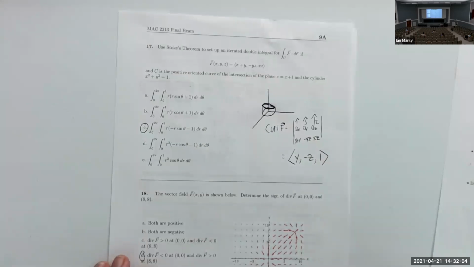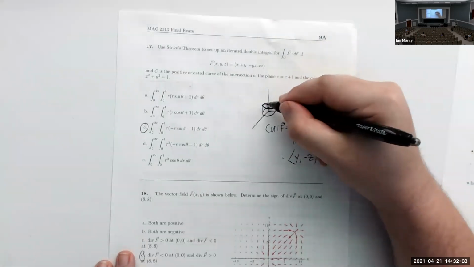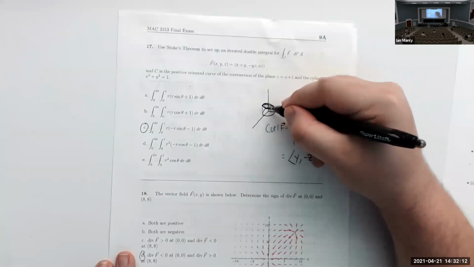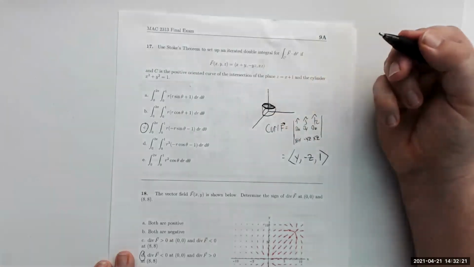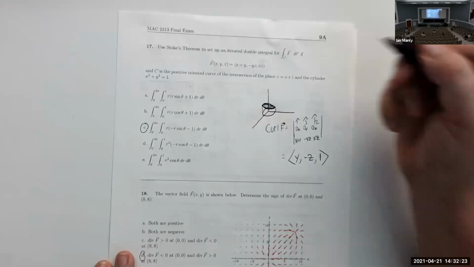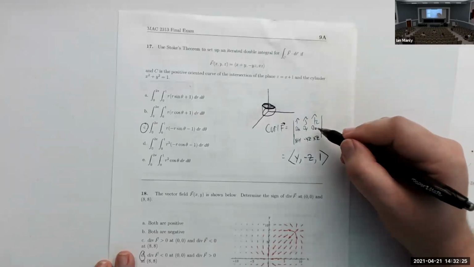Okay, so now we have the curl of F. Now what we want to do is parameterize the surface that this is a boundary of. And what is the surface? It's this right here. It's the stuff enclosed by this loop right here. Mr. Manley, isn't the z negative 1? Let's see. Where did I do that?